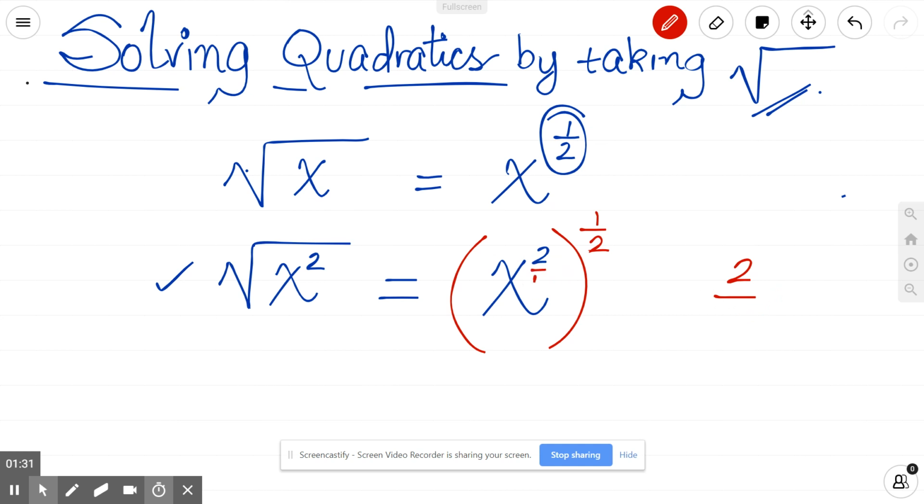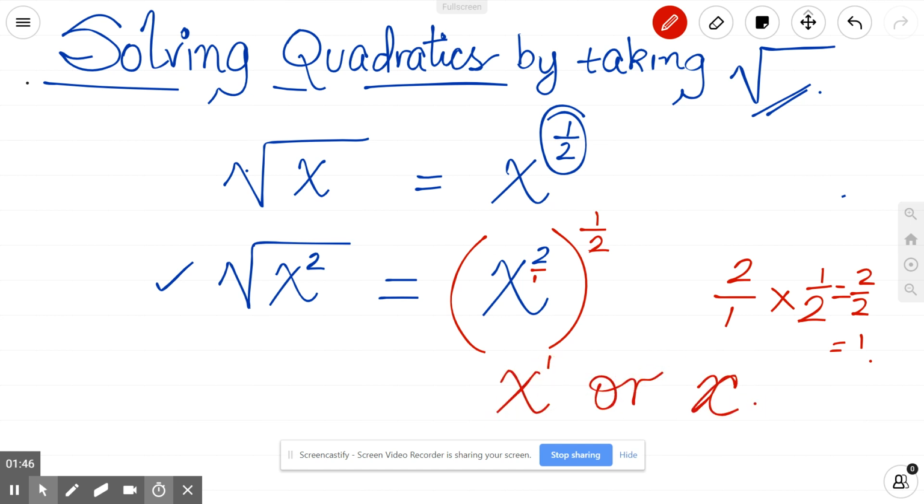This is 2 over 1 times 1 over 2, which is 2 by 2, which is 1. And that is the reason we end up with x to the power of 1, or x. Or we can say that square and square root are each other's opposite, or cancel each other's effect.